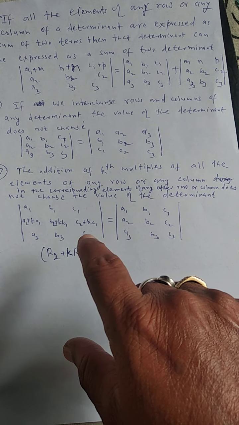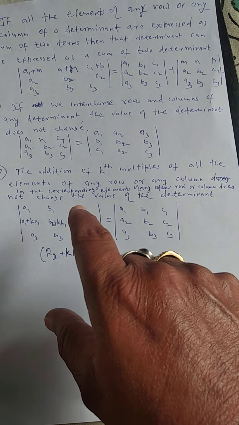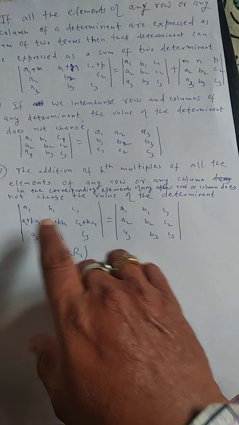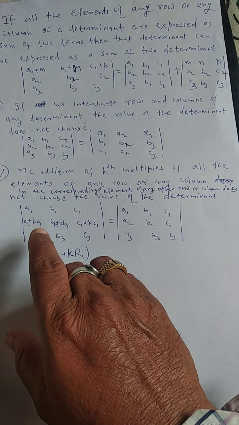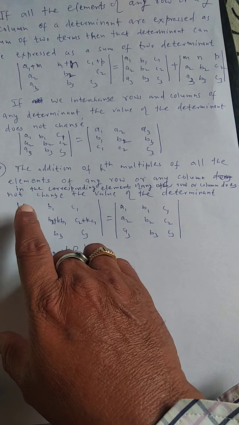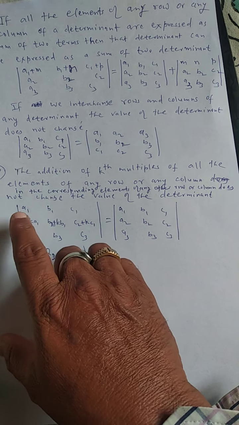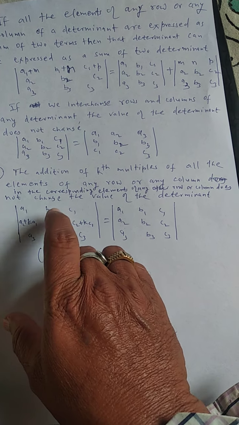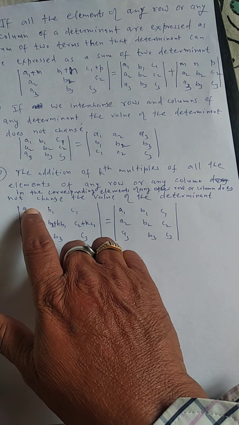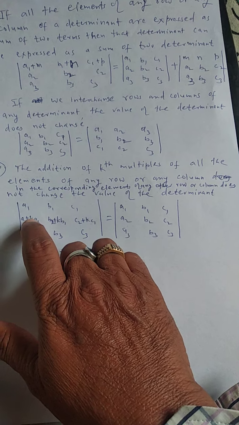If we add k multiples of the first row to the second row, where the second row is a2, b2, c2, what we have done is multiply each and every element of the first row by k, so we get ka1, kb1, kc1, and we add these k multiples to the corresponding elements of the second row.